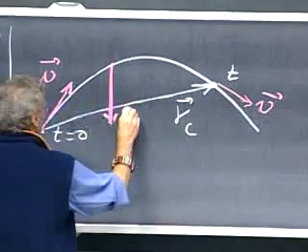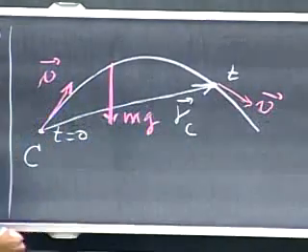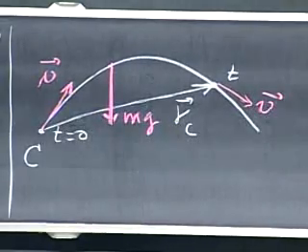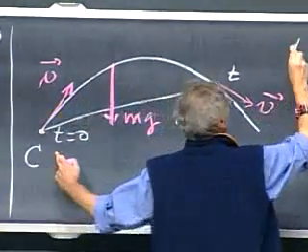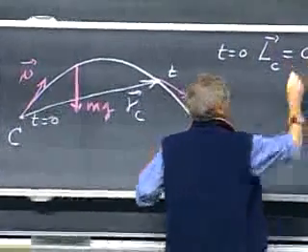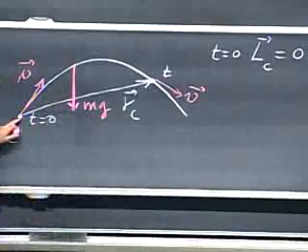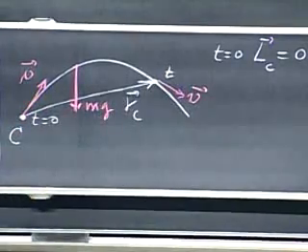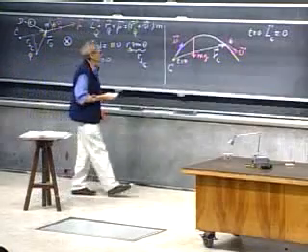And there is, of course, a force on it, mg, which makes this curve. What is the angular momentum relative to point C at time 0? The angular momentum is clearly 0, because the mass itself is at point C. So the position vector has no length.